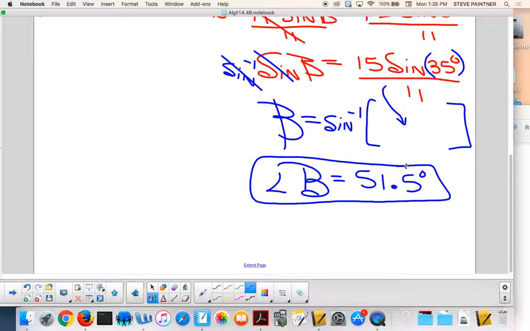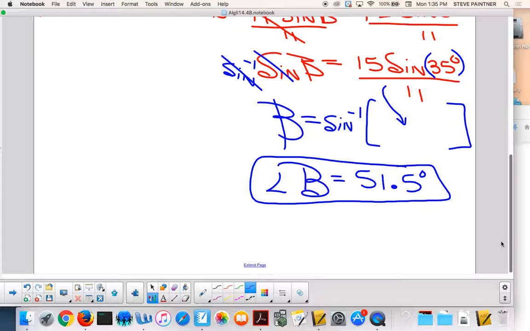I don't know what you're doing to get the 0.3. Are you typing it in and then rounding it? Yeah, don't do that. Because if you type that in and then start rounding, you're just giving me a little piece of the answer, then doing inverse sine of it. No. Take inverse sine of the whole thing.